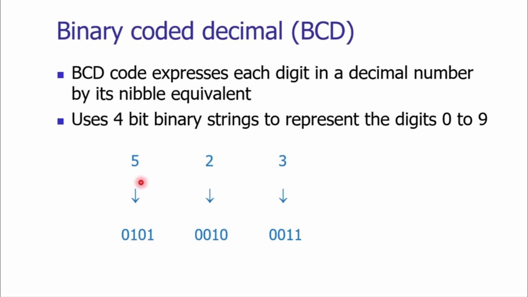To get this, we are following the same methodology as we have seen in our previous slides. So the 523 will be represented as 0101, 0010, 0011.